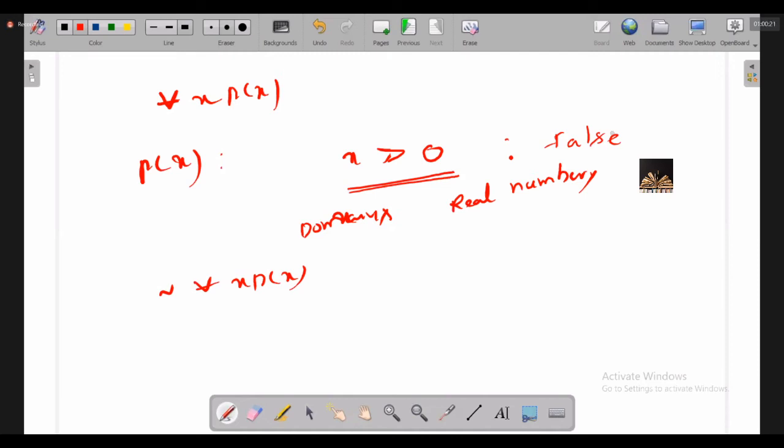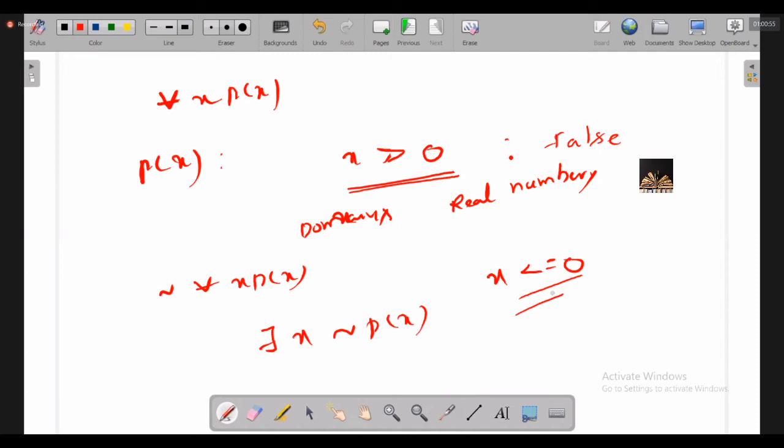So negation of for all x, p of x becomes there exists x, and negation of p of x. What is the negation of p of x? x less than or equal to 0.